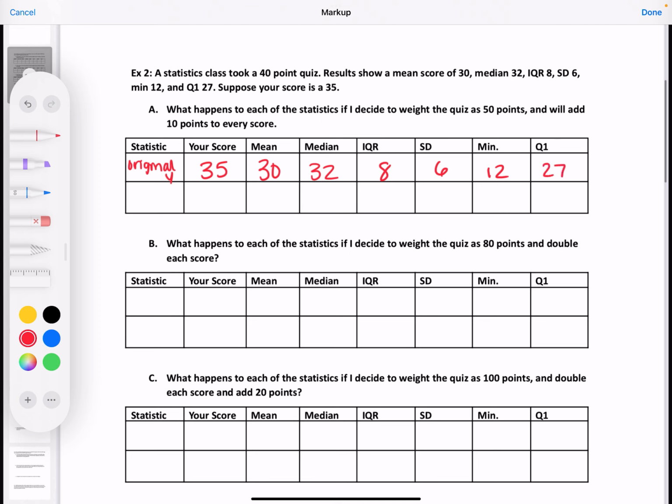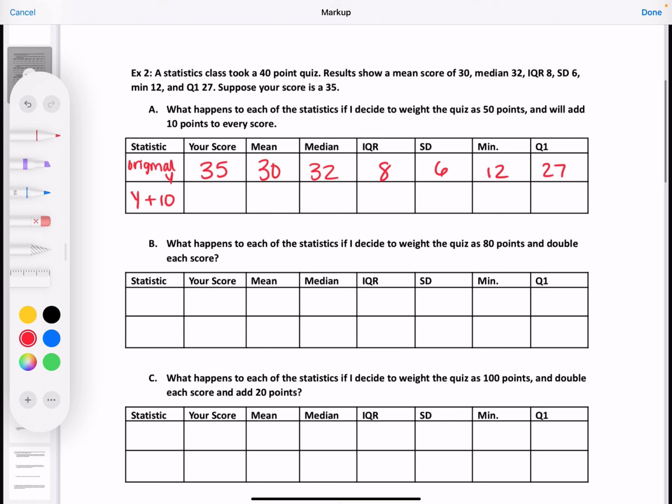So if I want to weight it as 50 points and I'm adding 10 points to every score, what am I changing about the Y value? If it was 40 points, now it's 50 points. You're adding 10. So the statistic is Y plus 10.